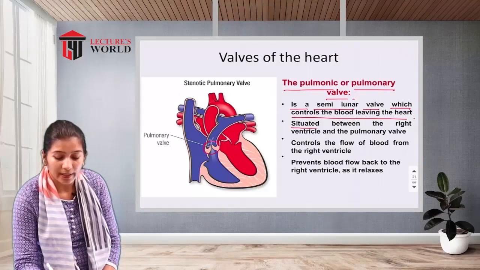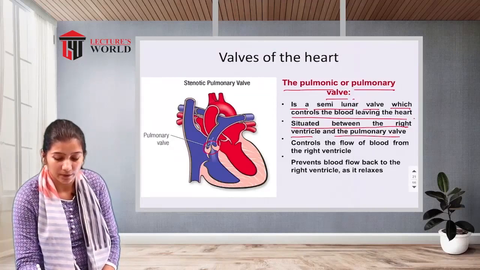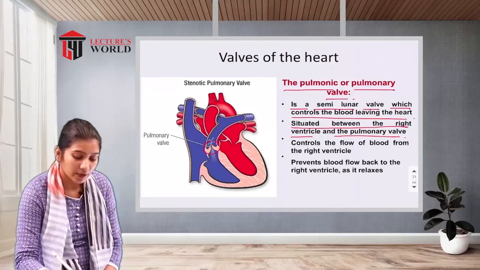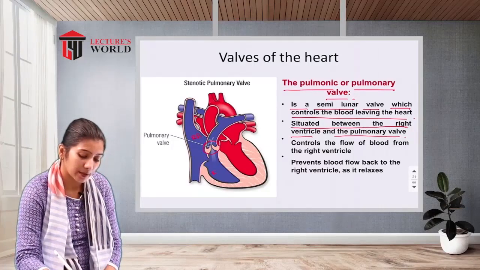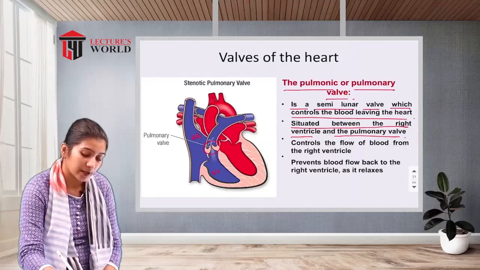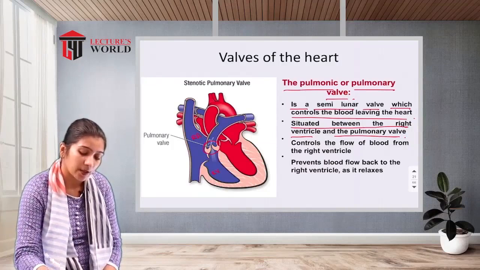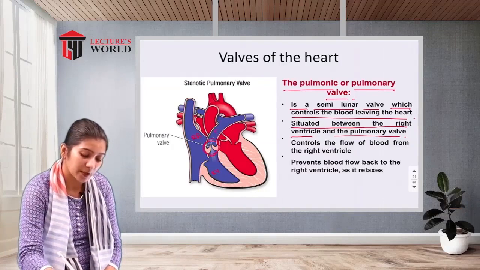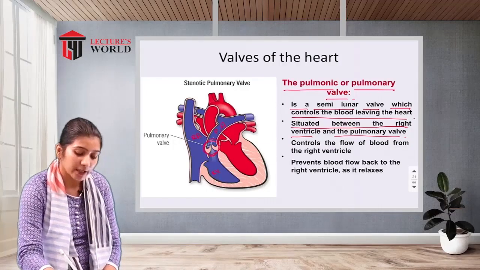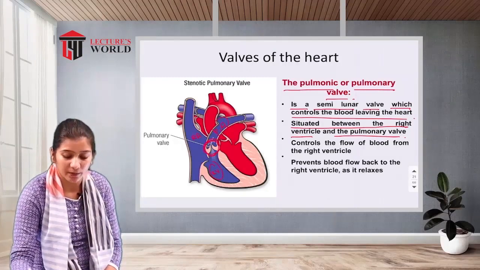It is situated between the right ventricle and the pulmonary artery. So this is the right atrium, right ventricle, left atrium, left ventricle, and this is the pulmonary artery. It is present between the right ventricle and the pulmonary artery, that is the pulmonary valve.